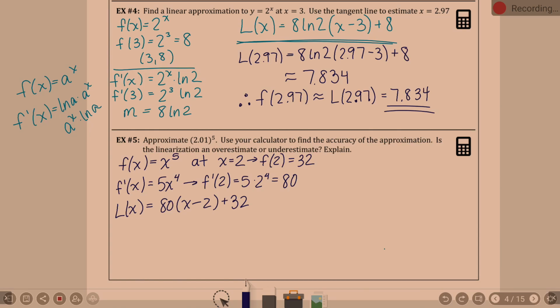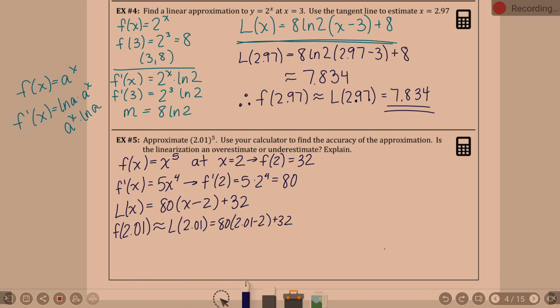They ask us to approximate 2.01. And so in order to find essentially f of 2.01, it is approximately equal to, when you plug in 2.01 to your linear approximation, 80 times 2.01 minus 2 plus 32.